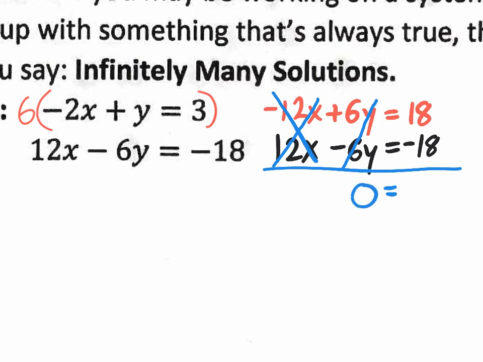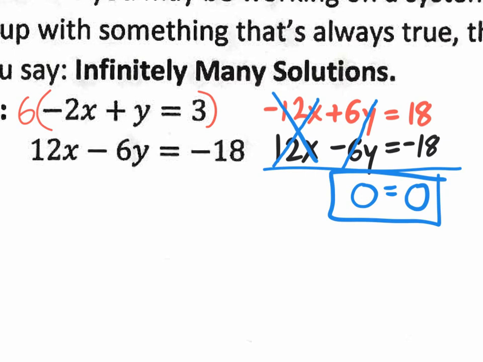But then again on the right side of the equal sign, it says 18 and negative 18. 18 take away 18 is also 0. So do we say no solution here? No way. This is always true. The only time we say no solution is when you end up with something impossible, like 0 equals 5 or like 2 equals 6. Right here it says 0 equals 0. That's true. That's always true.